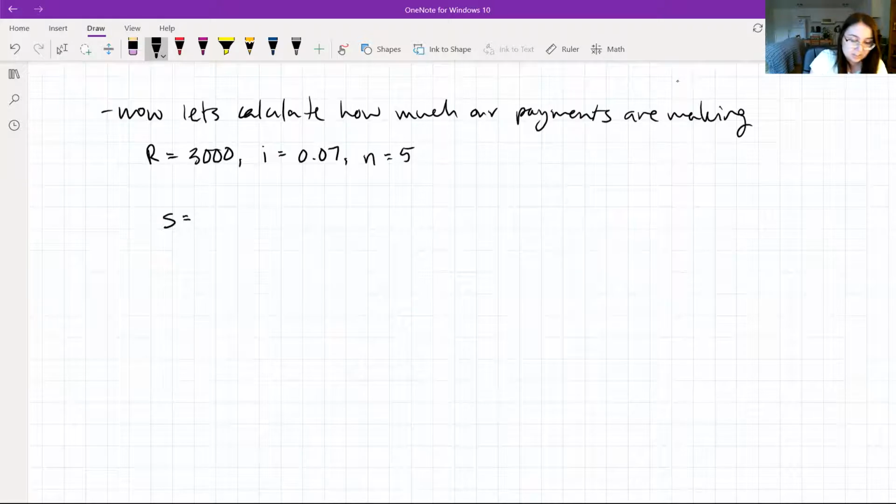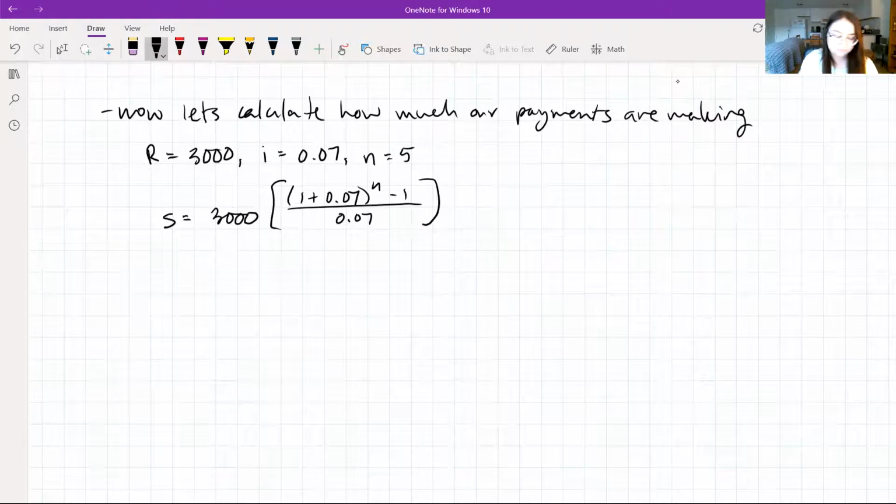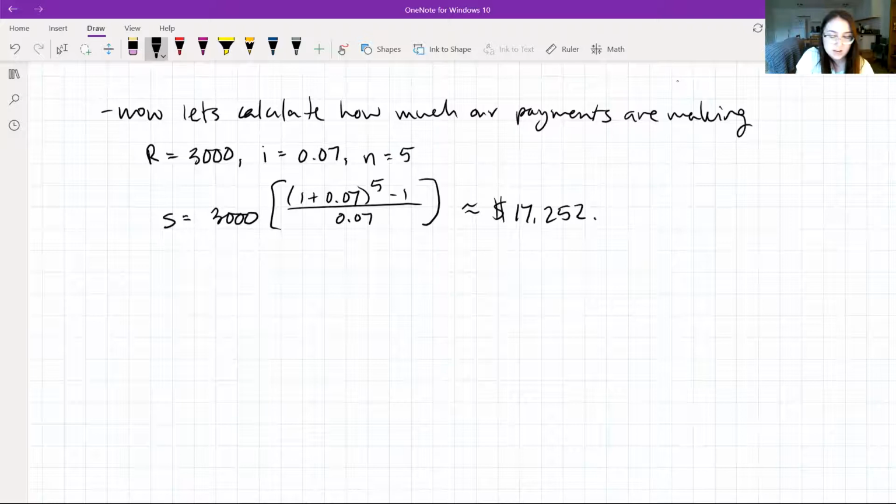So we have S is equal to 3,000 times 1 plus 0.07 to the power of 5 minus 1 divided by 0.07. So I highly suggest you calculate this value on your own. And you should end up getting that your payments will end up being $17,252.22.